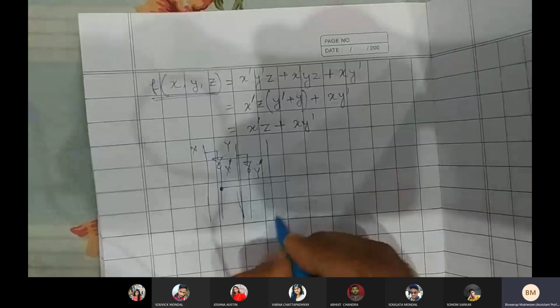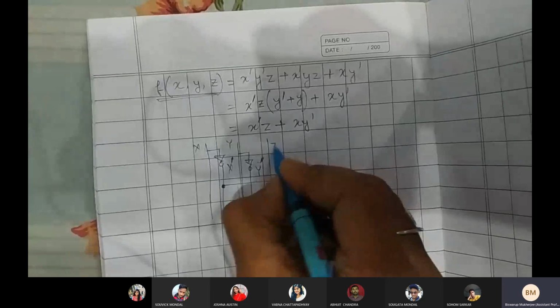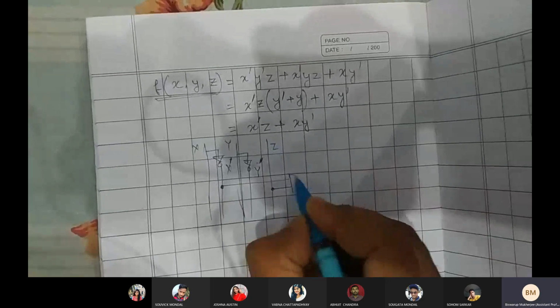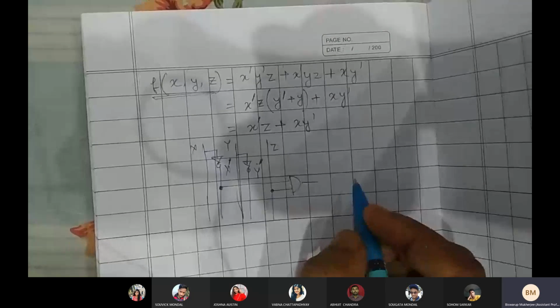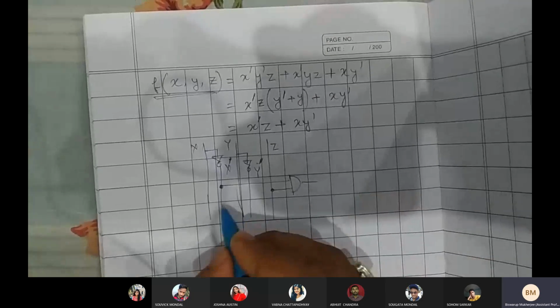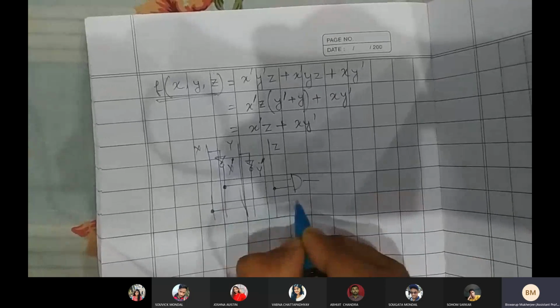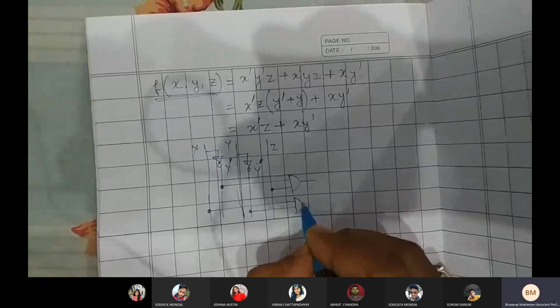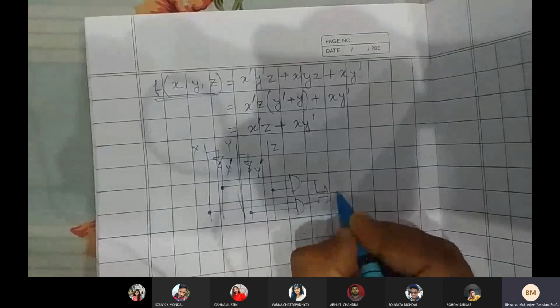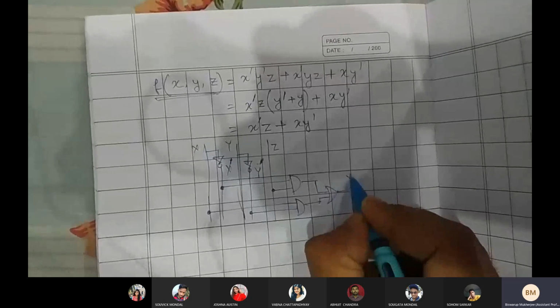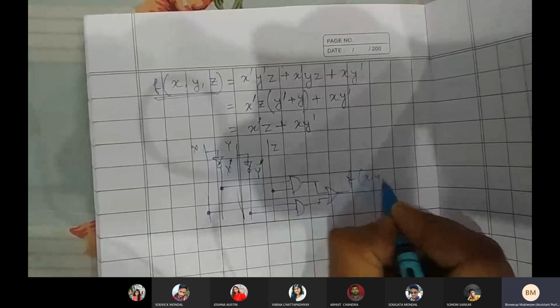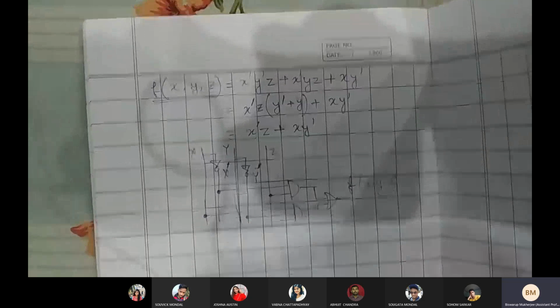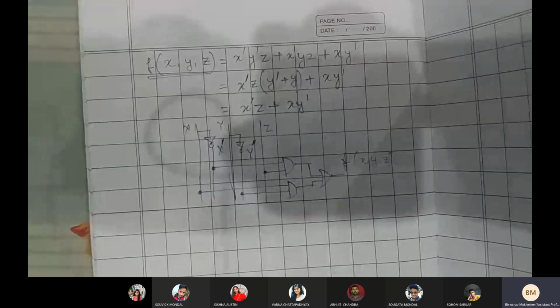So z is also required. Put one AND gate, followed by x y bar, that is x followed by y bar. Two AND gates followed by an OR gate. So that would be my f x y z. Okay, so this is the function.